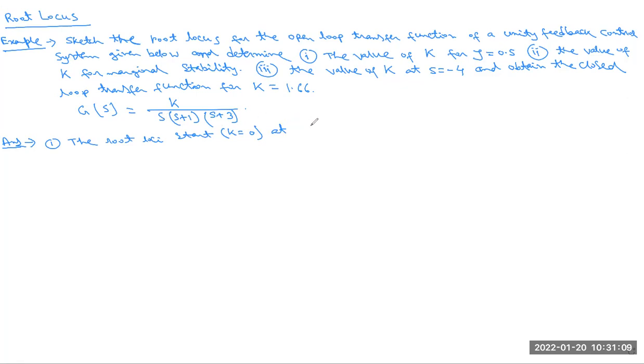That means s equal to 0, then s plus 1, that means s equal to minus 1, and then s plus 3, that means s equal to minus 3. These are the starting points of the root loci in the s-plane. Then number two, we discuss according to our rules.